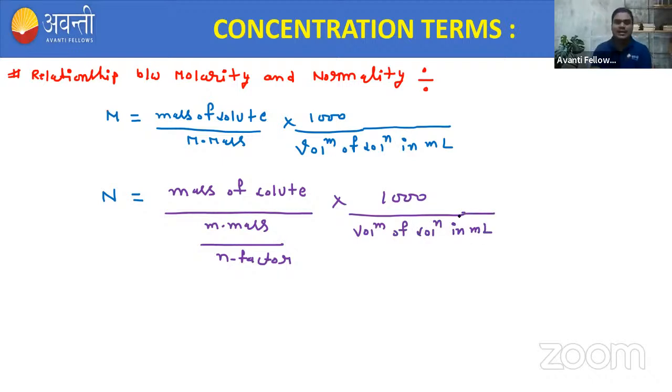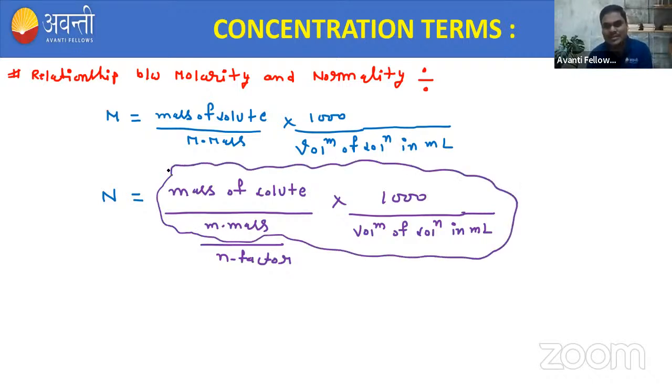So this is all. Now, if you observe very carefully, this is nothing but molarity. Just look at equation number 1 and equation number 2. You can observe that this term, mass of the solute upon molecular mass times 1000 upon volume, is nothing but the molarity.